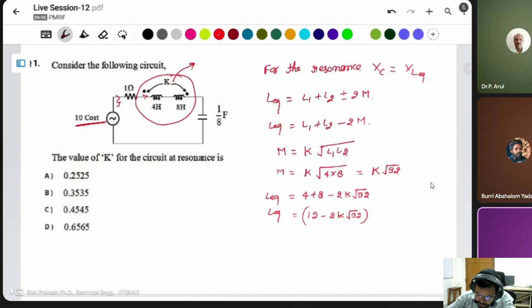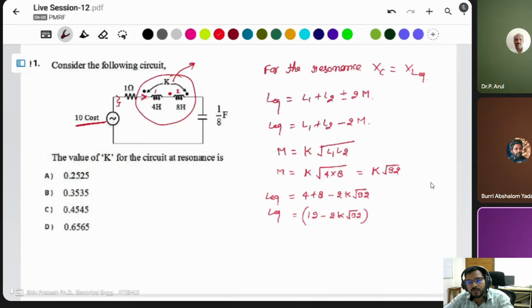If the current enters from the dot in inductor 1 and also enters from the dot in inductor 2, the flux will be adding because the flux direction is the same for both inductors. At that time you take the mutual inductance as positive. But if current enters from the dot in one inductor and the second inductor has current leaving from the dot, the flux will be in the opposite direction.